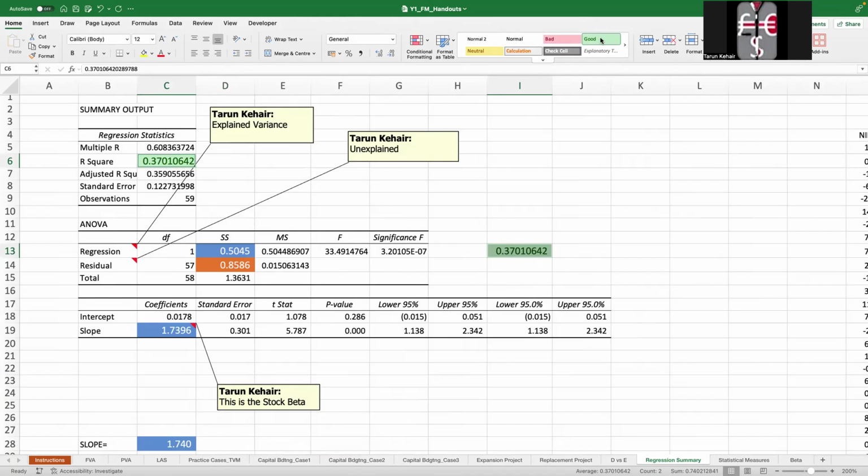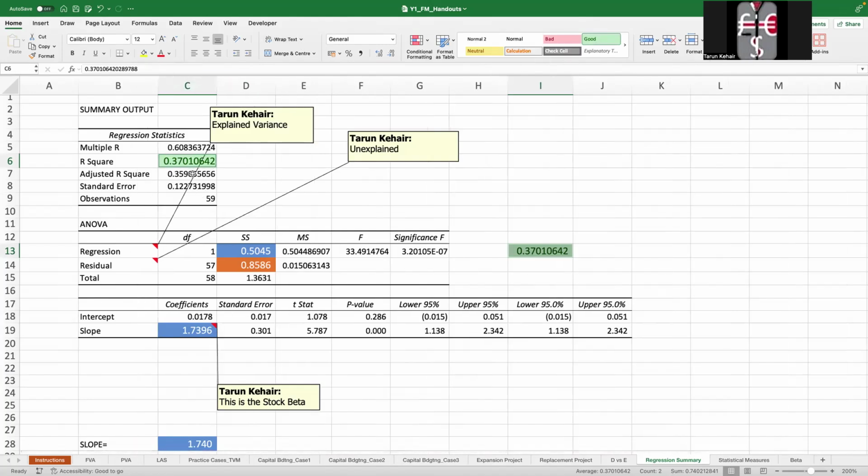Now, coming back to our assignment, remember where we were? We made that graph, and it tells you that R square demonstrates the predictive strength of the model. You can write it down. R square is also called the coefficient of determination. Look here, it is written here.